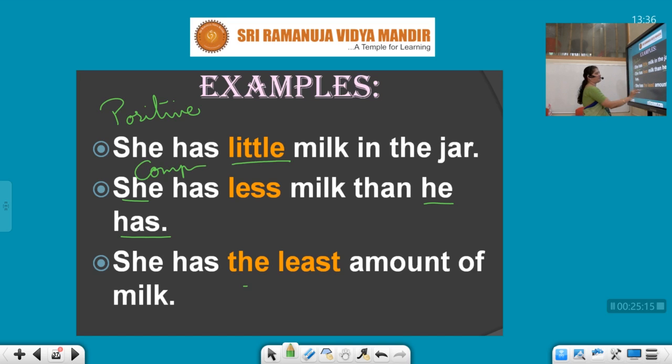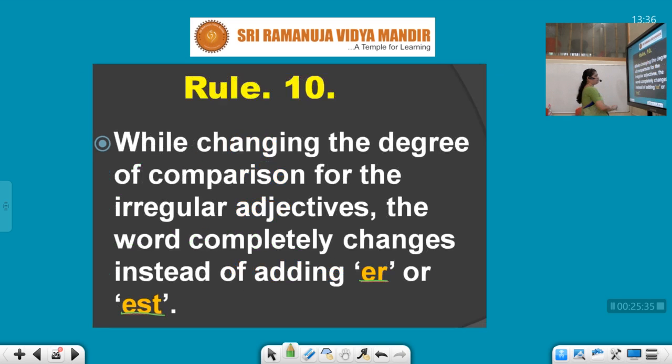She has the least amount of milk. There's nobody who has less than her. So this is superlative. So you have understood, students. In some cases, I will not add er, est, and I will not even use more, most.